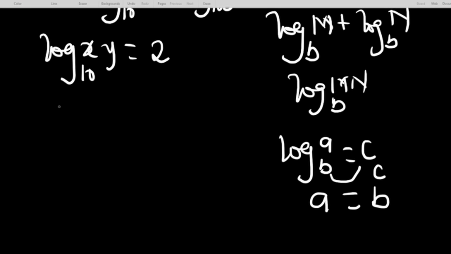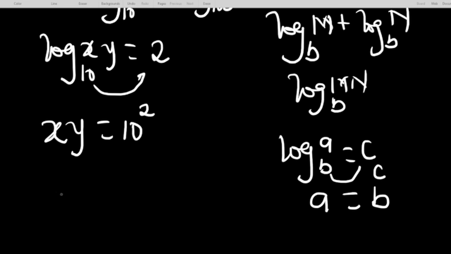Now we also apply the same thing here. We drop the log, so xy equals, the base goes to the other side, so we now have 10 raised to the power of 2. So xy equals 10 to the power of 2, which is 100. So this is the first part of our solution.